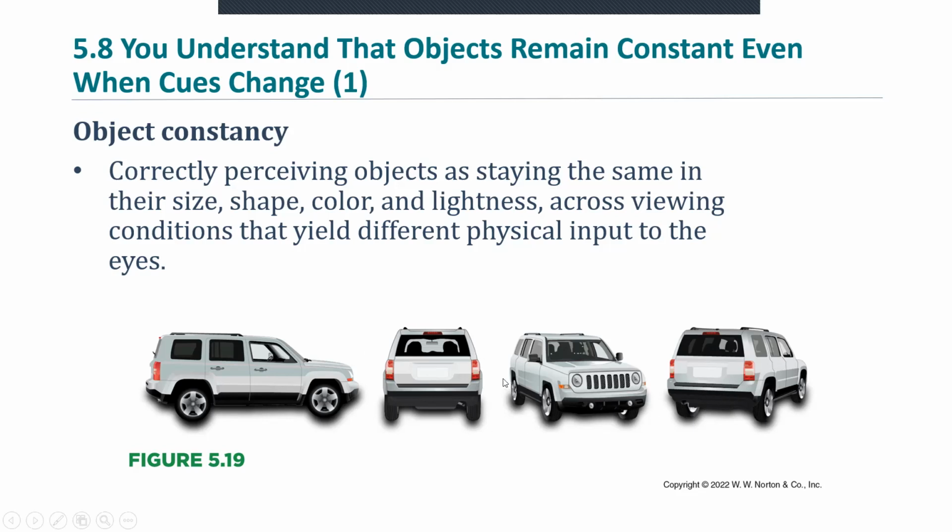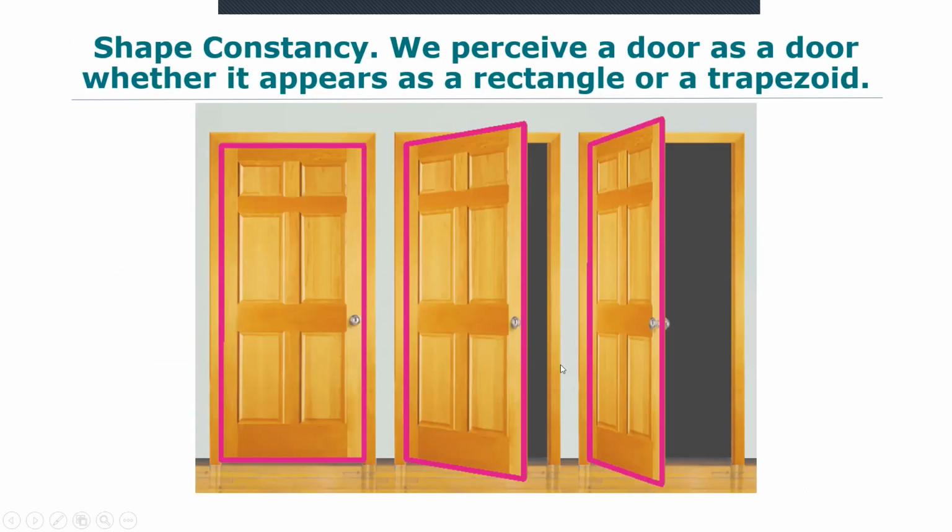Let's look at a few more examples. This is a pretty straightforward one for shape constancy. We perceive a door as a rectangular door, whether or not it actually appears as a rectangle. When we're looking head on at a door, it actually does make a rectangle. You would have to be straight in front of it.